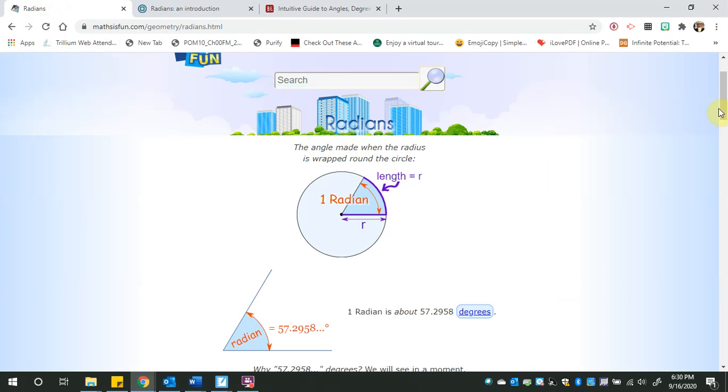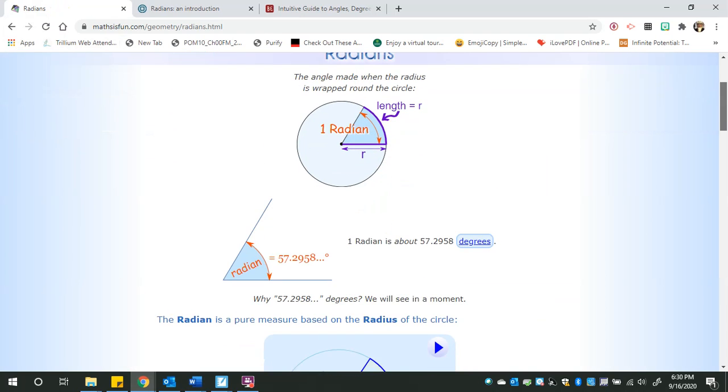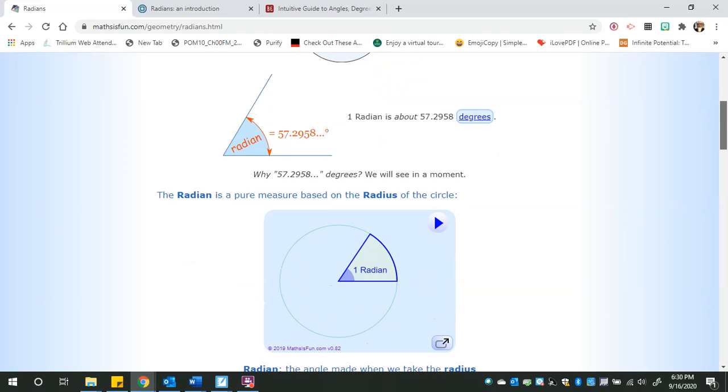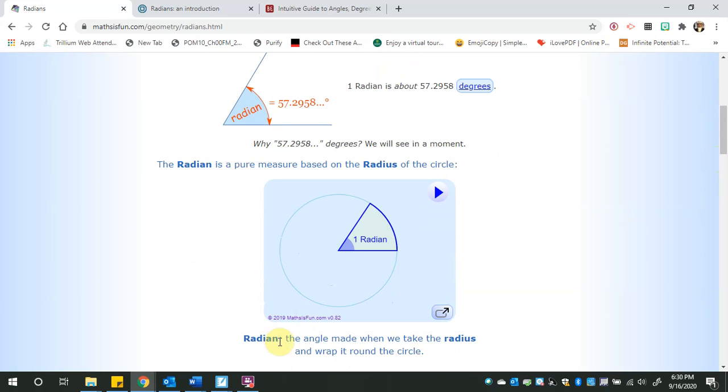So what it says down here, and I quite like this description: a radian is the angle that's made when we take the radius and wrap it around the circle. So if this distance is the same as this distance, if both of those are radii, and this crust on your pizza or pumpkin pie or apple pie is the same length, then you've created 1 radian as an angle.